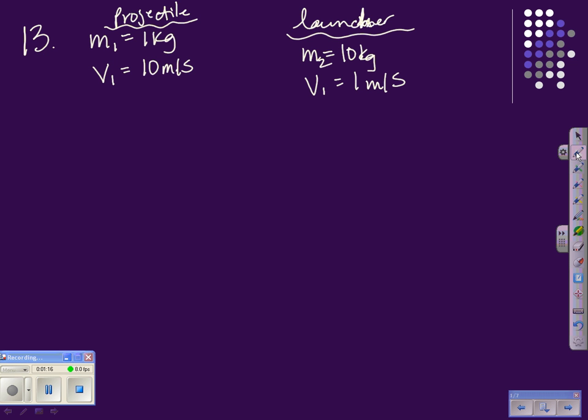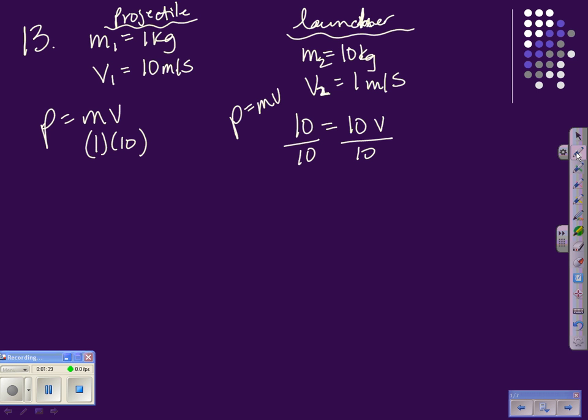The momentum of this one is P equals mv, so that would be 1 times 10. So this one would have 10 as its momentum as well, P equals mv. So if 10 equals 10v, we could find out that v is 1, dividing 10 by 10.